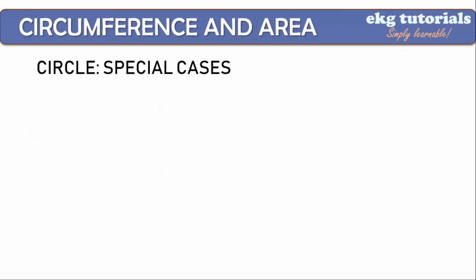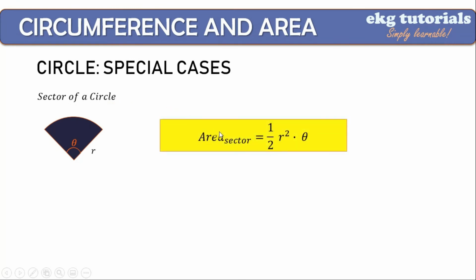Now, what about special cases for circles? Sector of a circle, kung mapapansin nyo, it is in a shape of a pamaypay or pwede ding pizza. The formula for the area of a sector of a circle is 1/2 radius squared times this angle theta.